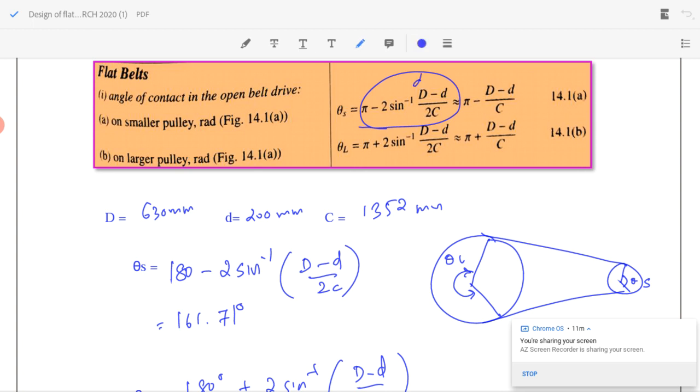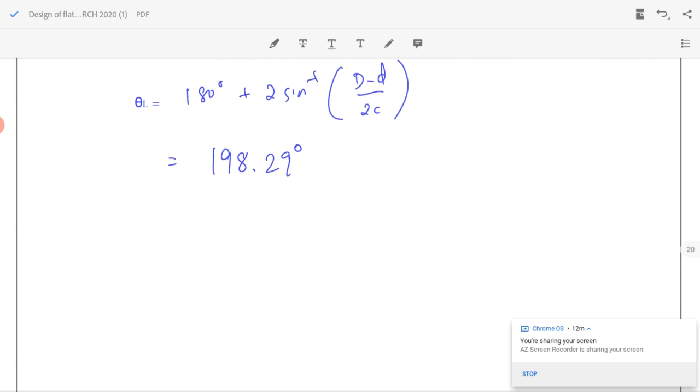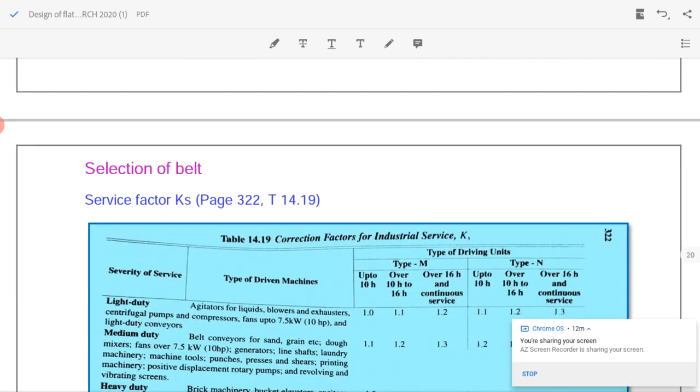The second term will be in degrees, so we should substitute pi radians equal to 180 degrees. So after substitution, theta L will be obtained, and theta L equal to 198.29 degrees. So I got the values of theta S and theta L.